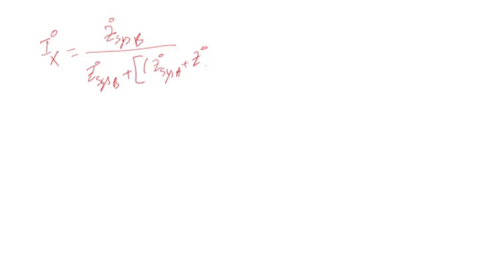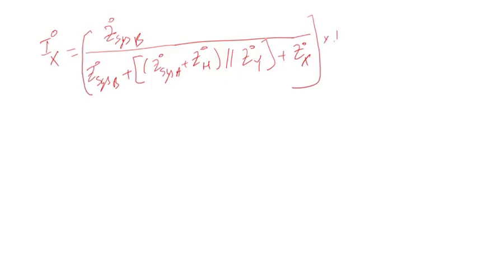Going back to the equations I derived in the previous videos, I'll repeat here for convenience: the zero sequence current through the low voltage side is the zero sequence of system B divided by the zero sequence impedance of system B plus the zero sequence of system A plus the zero sequence of H, the high side of the transformer, in parallel to the zero sequence of the Y, plus the zero sequence of the low voltage. The entire thing times I0.